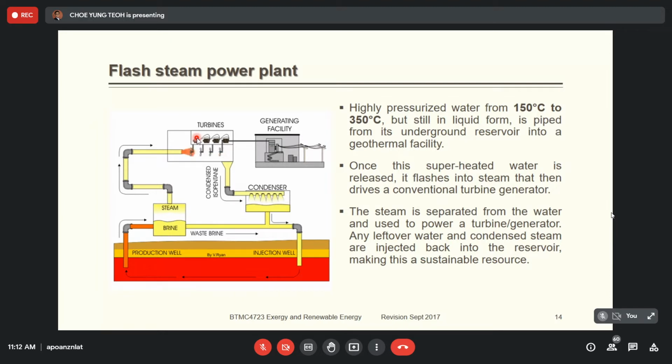So when the water boils, it will create a very huge pressure. But what if the water itself is already in a gaseous form? Then definitely we will not create high pressure. Okay, you can see that this non-condensable gas actually reduces the efficiency of the conventional steam power plant.